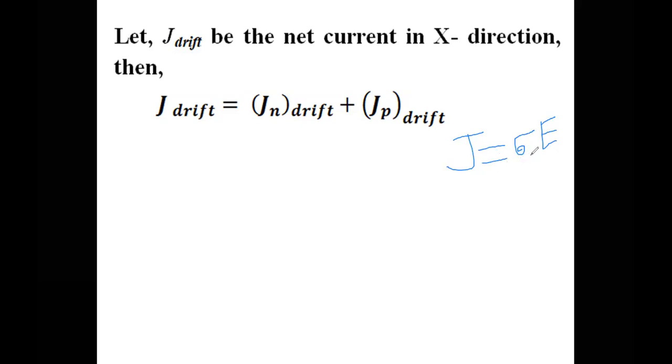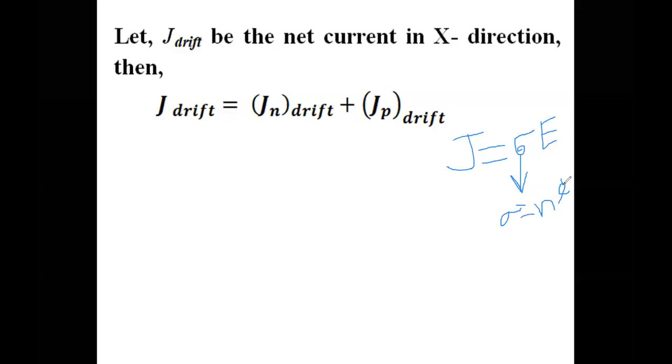J is equal to sigma into E. And while discussing the applications of the Hall effect, we saw that there is a relation between sigma, the conductivity, and the mobility of the charged particles. Mobility we already defined in our previous class as the average net velocity obtained by the charged particles within the electric field. That means there is also a relation between sigma and the charged particle. For example, if you take electrons, that is n e and mu.